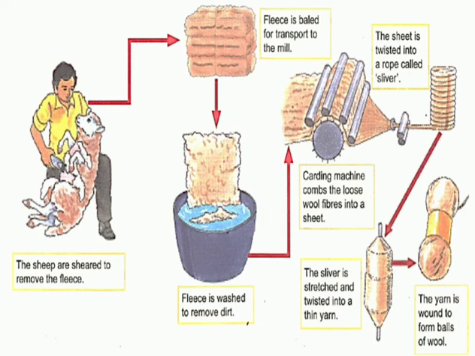After that, the sheet is twisted into a rope called sliver. Finally, the carding machine, which combs the wool. Then the sliver is stretched and twisted into a thin yarn, and the yarn is finally wound to form the balls of wool, which are available in the market.